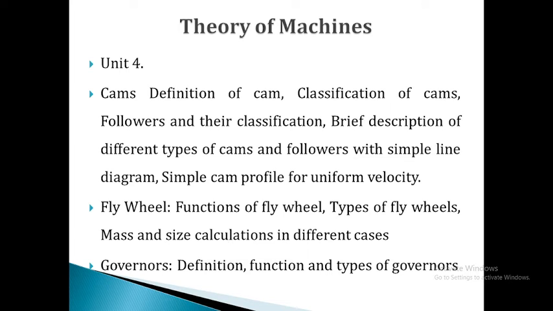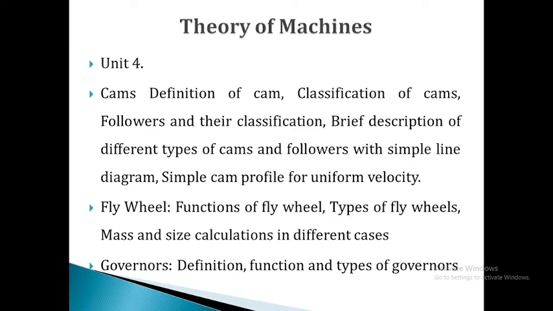So cams are used for specific motion of any component in a machine, a pre-calculated motion of any link in a mechanism or machine.